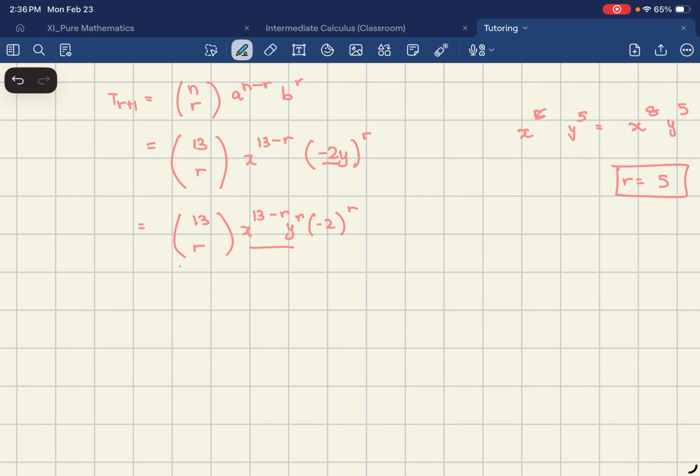Now, if I evaluate the coefficient, that is everything that is not connected to variables. So the coefficient is 13 choose 5 times minus 2 to the power 5. If I use my calculator, 13 choose 5 times negative 2 to the power 5 gives me negative 41184. And that is your answer.